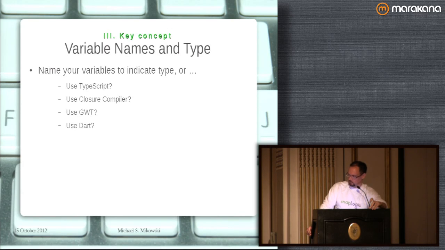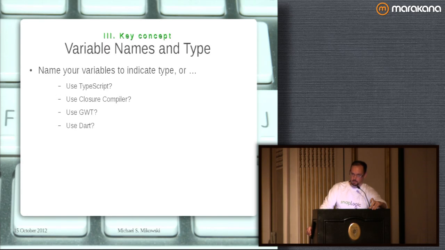Also, the people who recently released the Clojure compiler, or actually quite a while ago, actually have a way of indicating type in comments in the Clojure compiler. GWT exists arguably largely because people who are using it prefer to have a strongly typed language versus the loose or dynamically typed JavaScript.